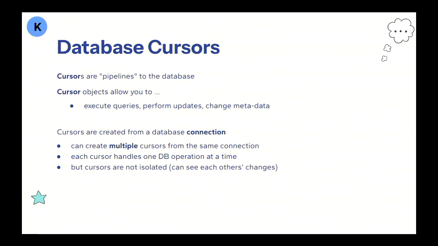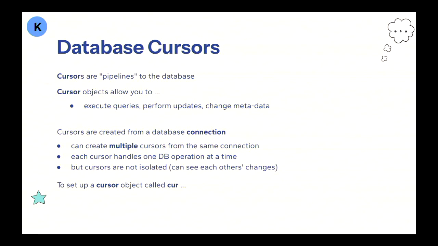Just now, as I have shown you, I made a typo in the statement, and then when I wanted to reuse that cursor, it was stopped by the system. So each cursor handles one DB operation at a time. But cursors are not isolated, so each cursor can view other cursors' changes. This is something you should keep in mind.